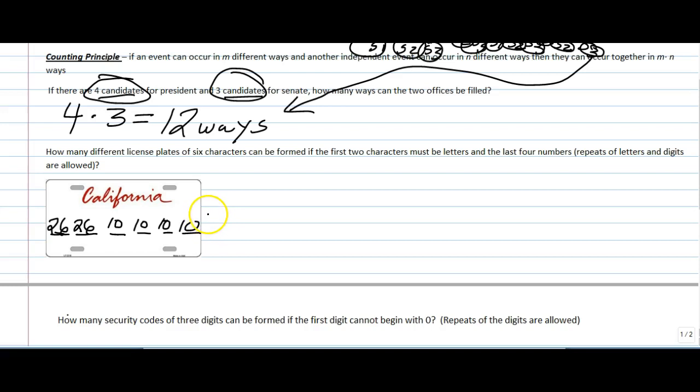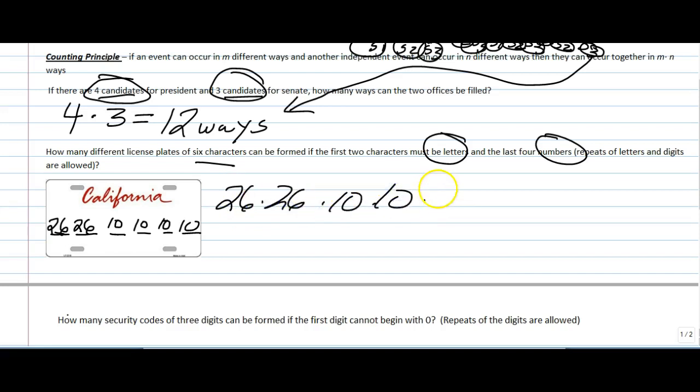So how many different license plates can be formed using 6 characters, of which the first 2 must be letters and the last 4 numbers? Well, that is simply 26 times 26 times 10 times 10 times 10 times 10, because all of the events are independent.